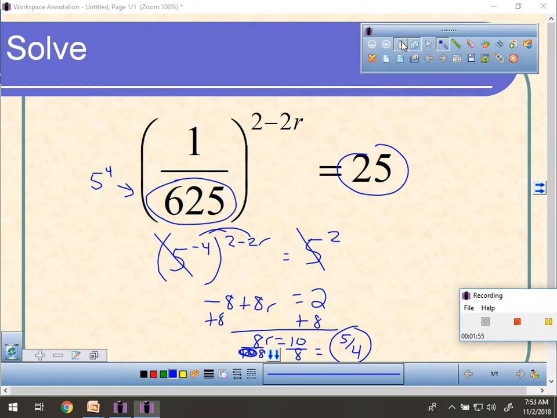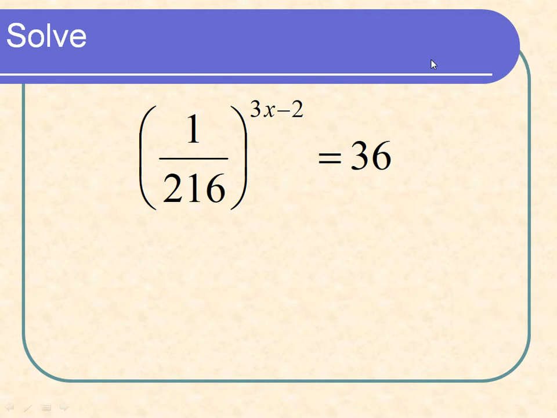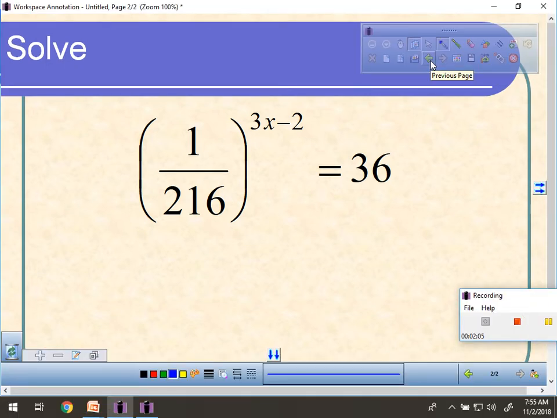All right, let's take a look at another example. For this one, notice that it says 1 over 216 to the 3x minus 2 equals 36. Again, not every problem is going to have a negative exponent, only whenever you see a fraction, just like this.